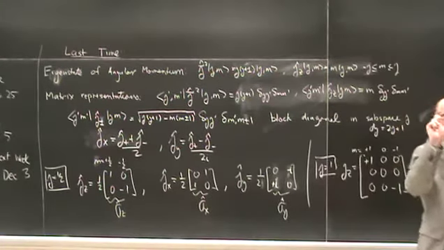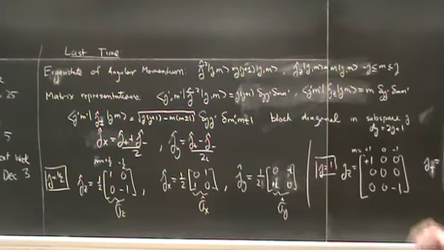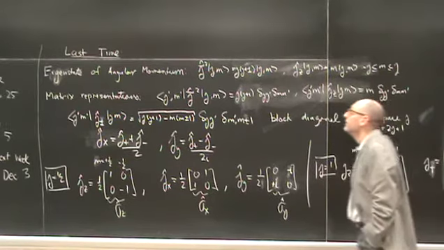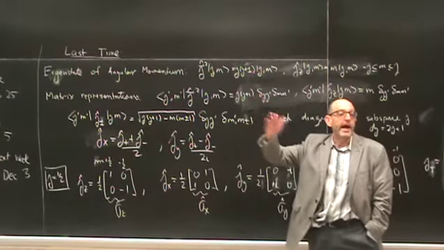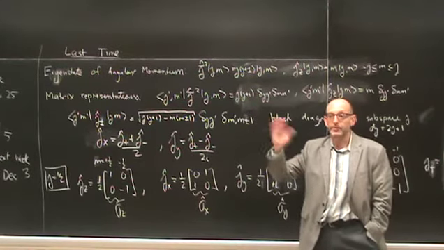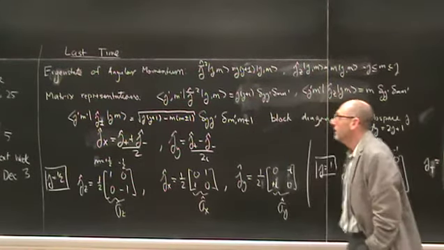They connect states with different projection for a fixed magnitude, right? And they only have non-zero matrix elements one off of the diagonal, m plus or minus 1.